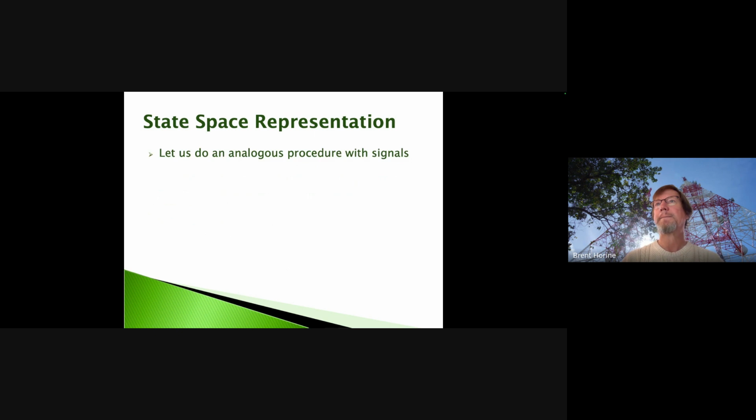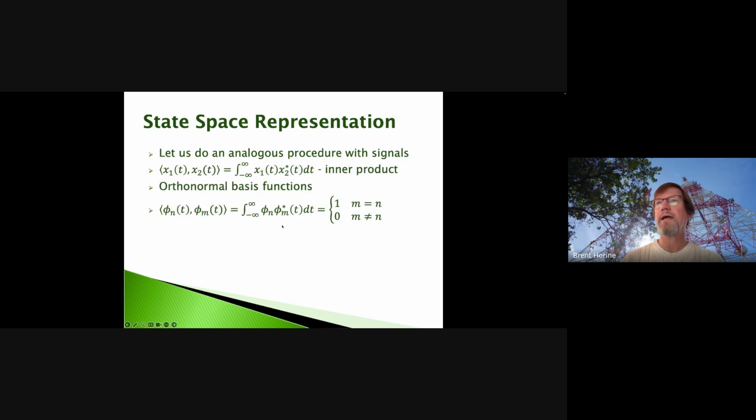So can we come up with something like that? Well, to define this as orthonormal basis functions, then the inner product for all of these, when these are different, these would be our candidate orthonormal basis functions.